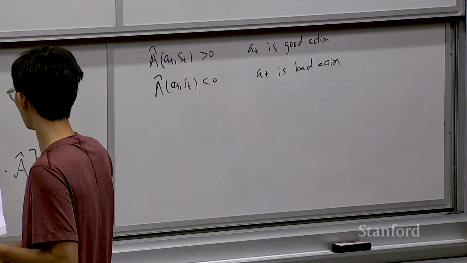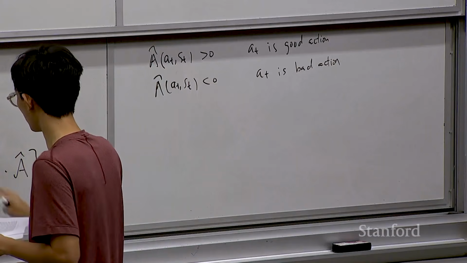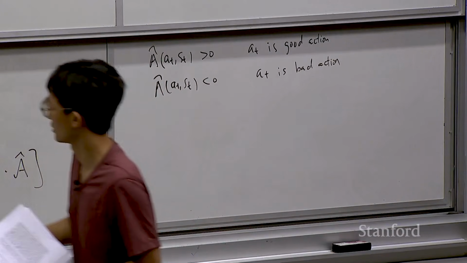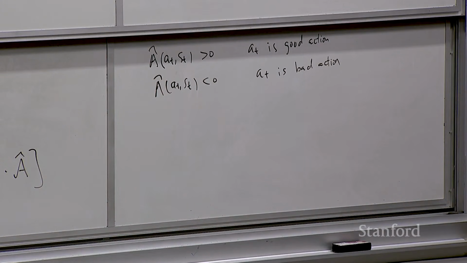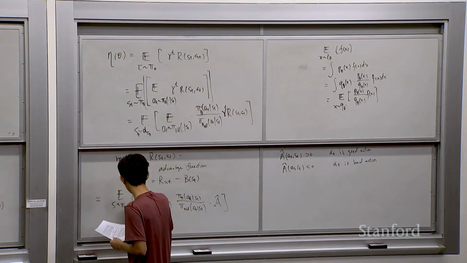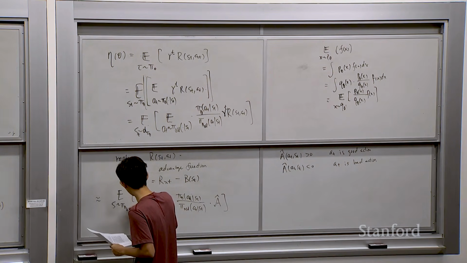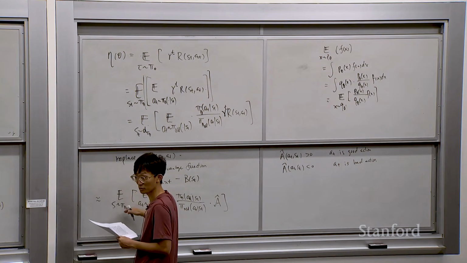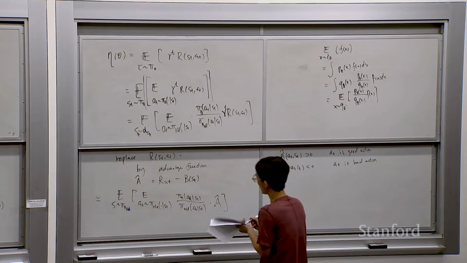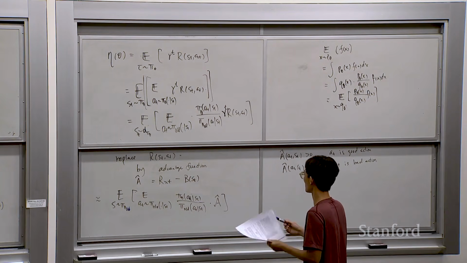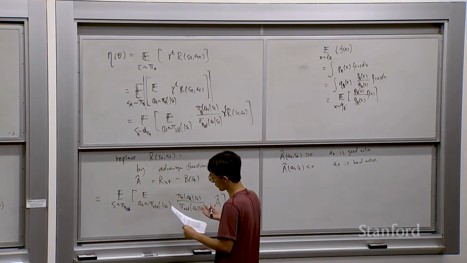Okay, so that's the first approximation. And then, as I said, you approximate this by pi old. You say, let's not care about how I sample from the state, so I change this to pi old. Now in some sense it's in a reasonably good form.